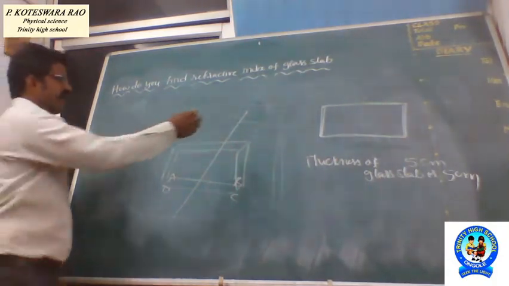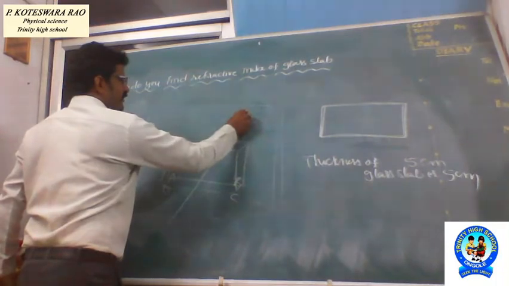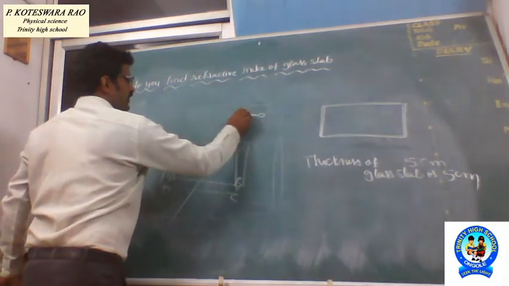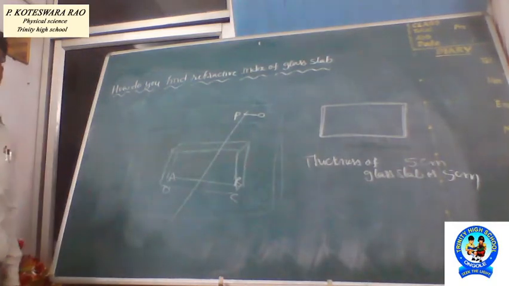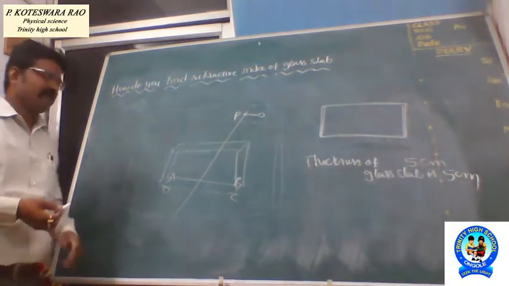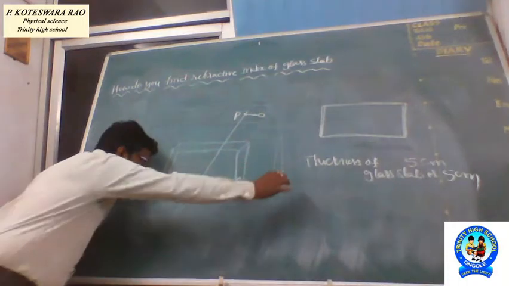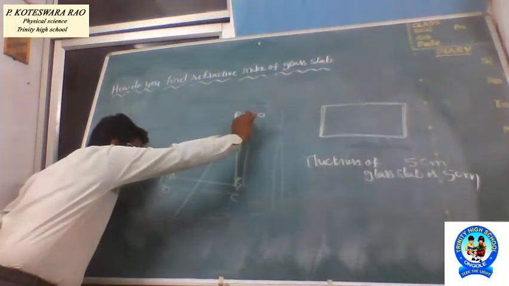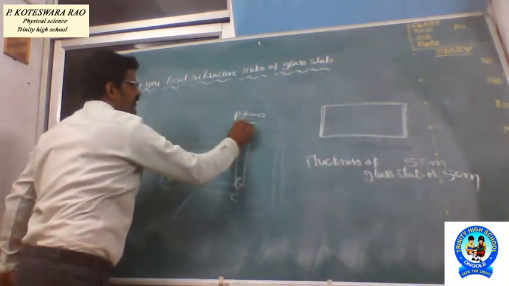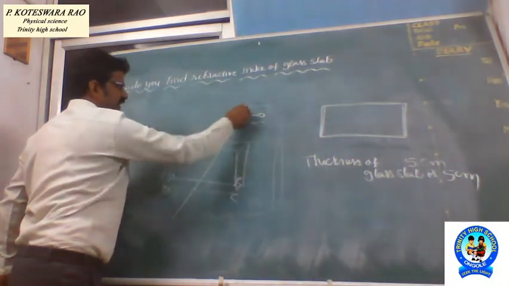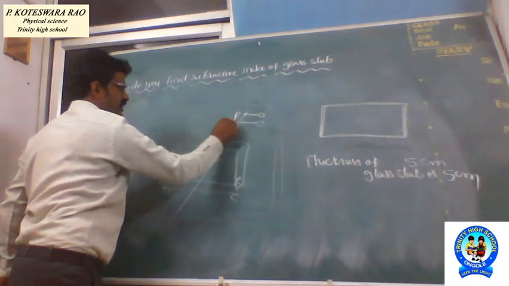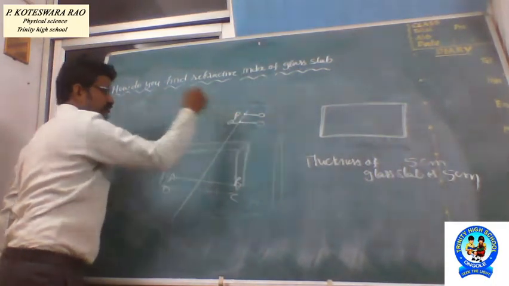Place one iron nail here and mark it as point P. Next, take one more iron nail and, looking through the side of this glass slab, try to place it in line. Here it is placed in line, but it does not touch this normal line. Then we join this one and mark it as Q.